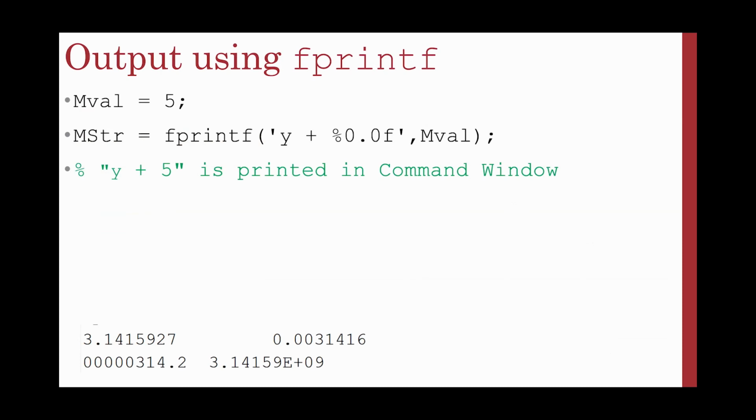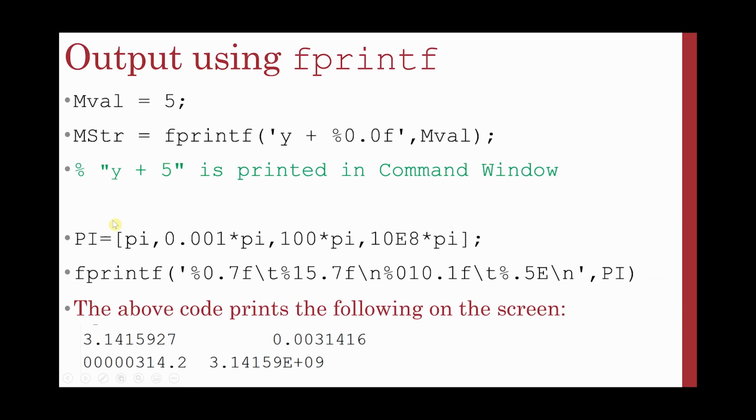So let's look at an example. If I have a variable myval equal to 5, and I want a string to say fprintf of y plus %0.0f of myval, it is going to display y plus 5, because it is going to format the 5 to have 0 decimal places.